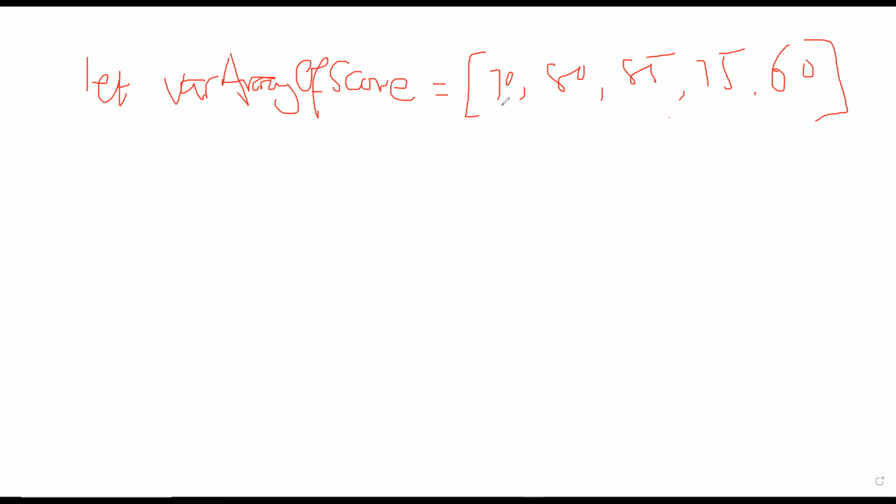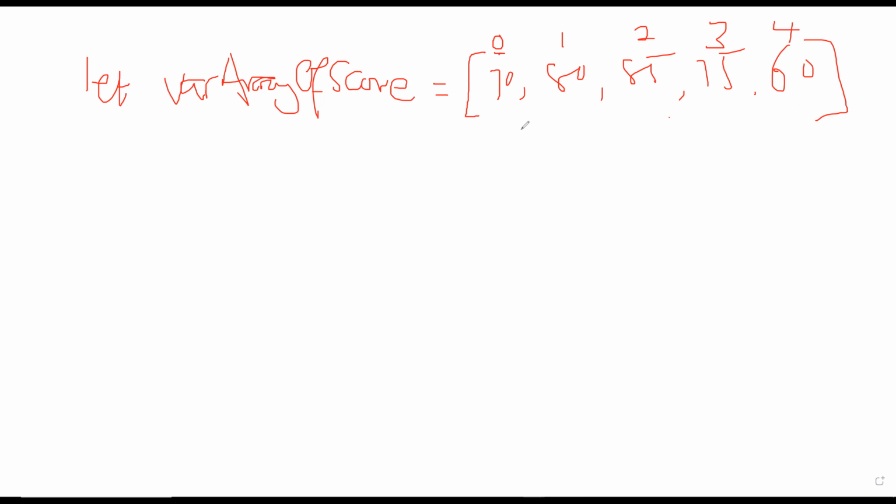And this data, they have position. We call it index. And it starts at index 0. So this is 0, 1, 2, 3, and 4.